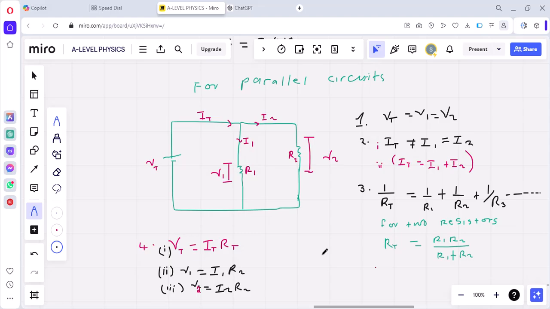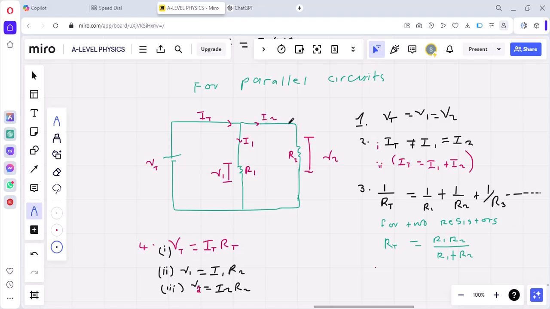Resistors connected in parallel implies that as the current is moving through the circuit, there is a point where the current is dividing. As shown here, if this is the total current through the circuit, at this point there is a junction and current is dividing.